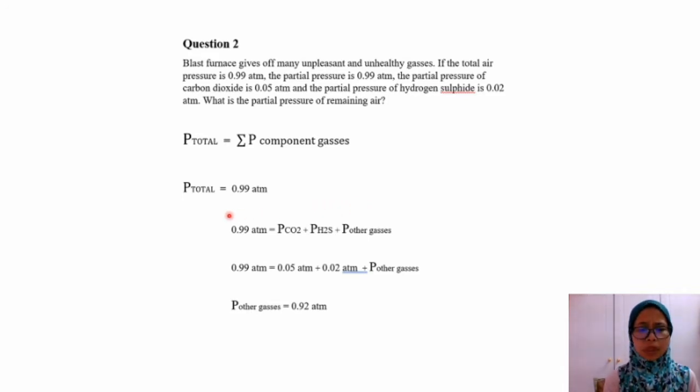So, here we substitute what we already have, which is 0.99 atm is equal to 0.05 atm plus 0.02 atm plus P other gases. So here we want to know the answer of P other gases, which is 0.92 atm.